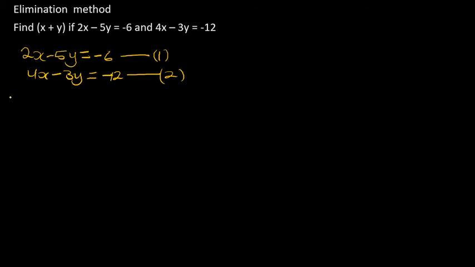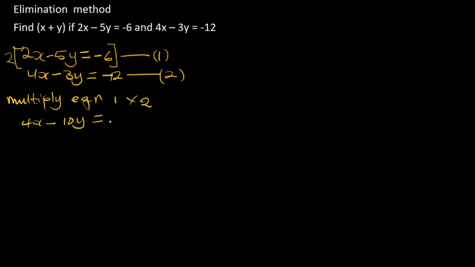So multiply equation 1 by 2. If we do that, it means we have our 2 here. So 2 times 2x is going to give us 4x. 2 times minus 5y is going to give us minus 10y. 2 times minus 6 is going to give us minus 12.